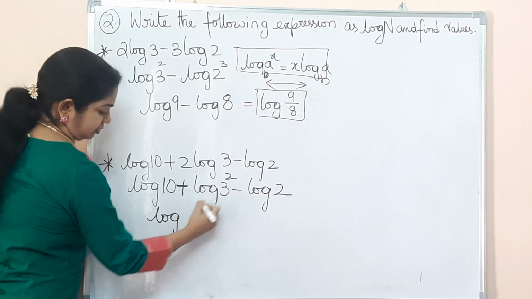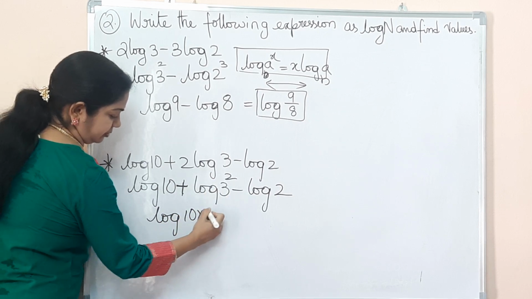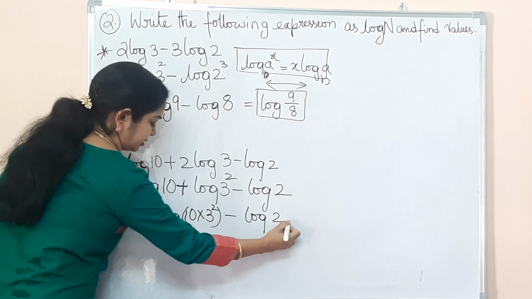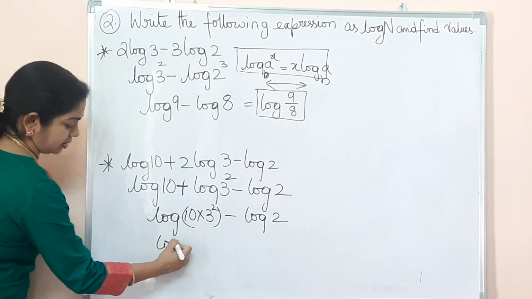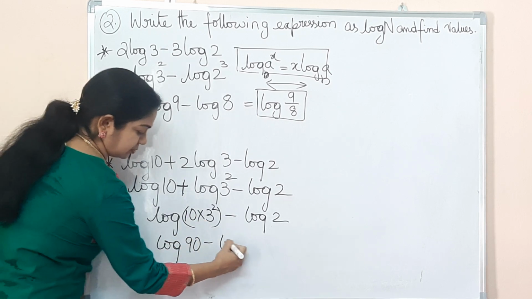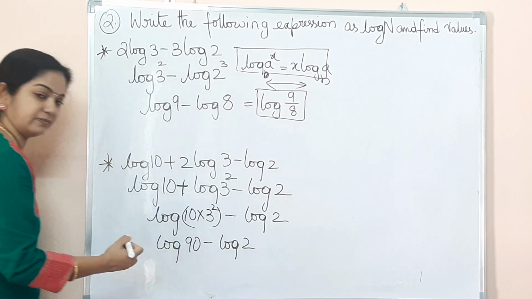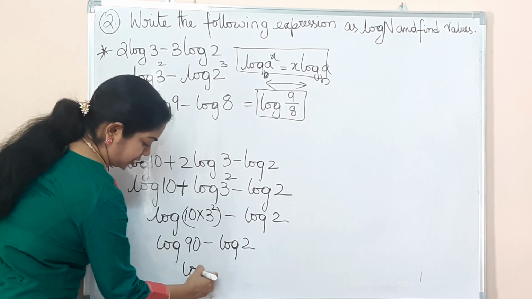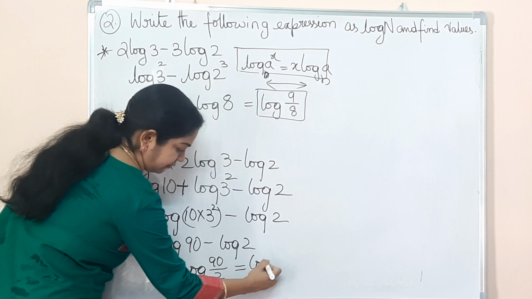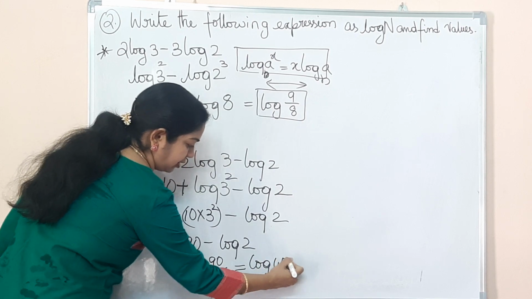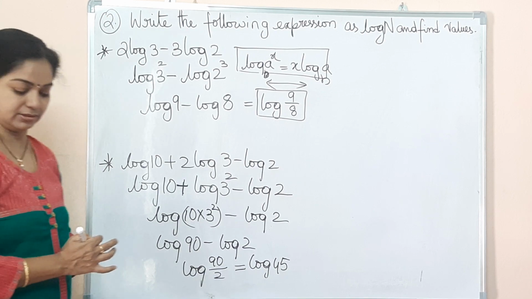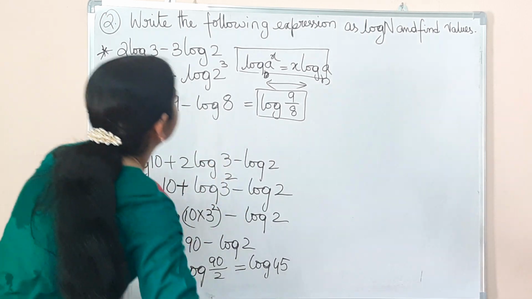That means these both will become 10 into 3 square, again log of 2. Right. Here it comes to log of 3 square, 9 into 10, 90, minus log 2. Let's apply the division rule. Okay. Log 90 by 2. This comes to log 45. We have brought it into 1 log, that is log n. Okay. Quickly note down, children. Now we'll see the third sum.